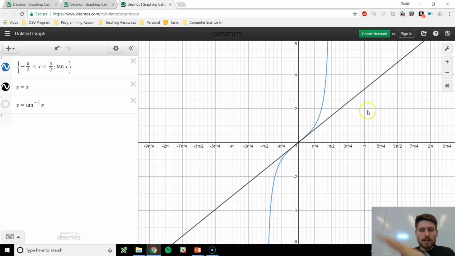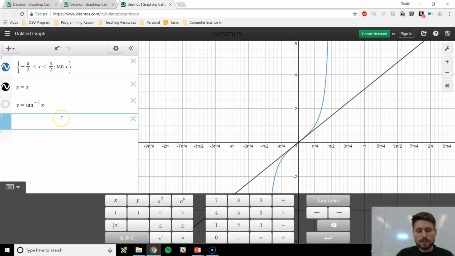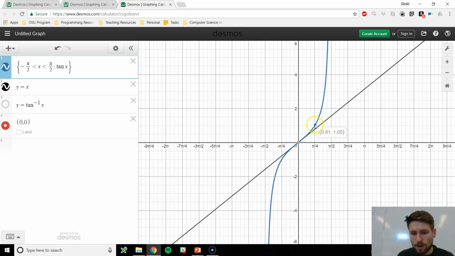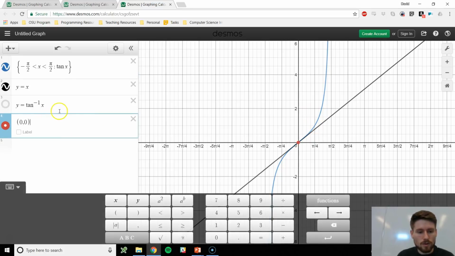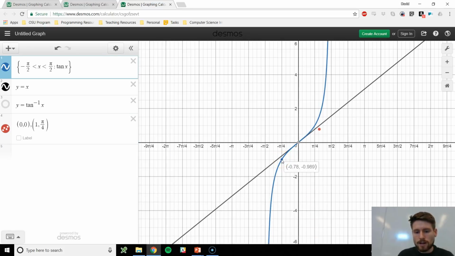So there's our line y equals x, and then we're going to take some points and flip them across this line. We know (0, 0). That's an easy one to flip. (0, 0) is still (0, 0). We have this point here, which is (pi/4, 1). If we flip it, that becomes (1, pi/4). And then we have the point over here, (-pi/4, -1).